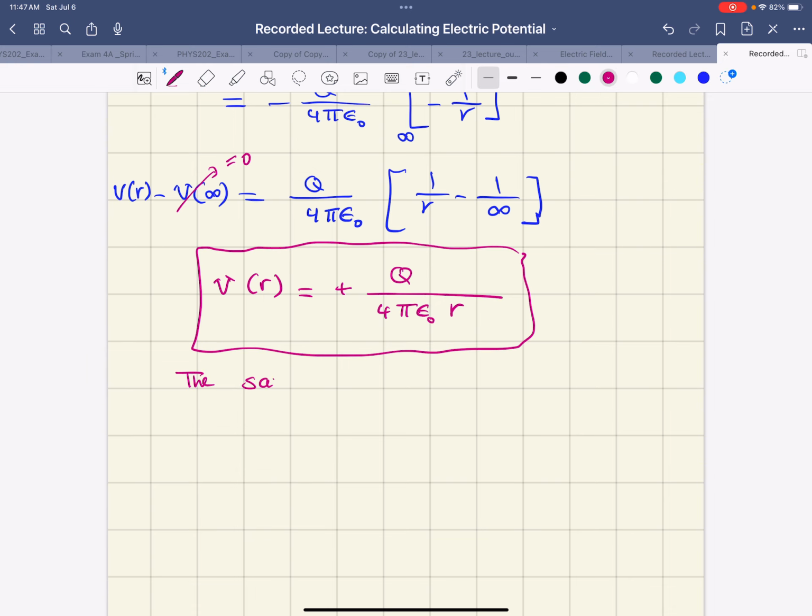It is the same expression as the one for a point charge.